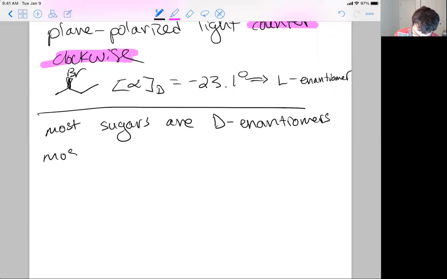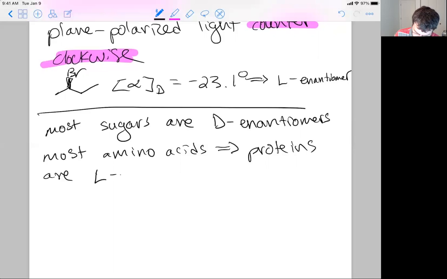Most amino acids, which build proteins, are L enantiomers. And that's just how our biology was built. And we'll look into a more interesting aside on these topics of D and L enantiomers in the next module.